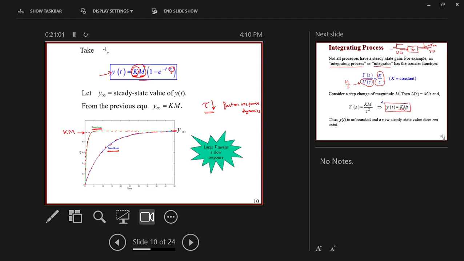Let me write here: tau represents the speed of response. Small values mean faster response. Large values mean slower response.